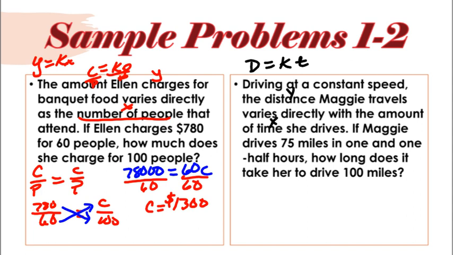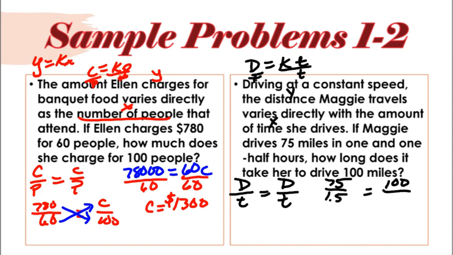So again, to solve for the constant, I divide by t on both sides. So it's distance divided by time, the same as distance divided by time. For distance, 75 miles for 1.5 hours is the same as 100 miles in how much time?